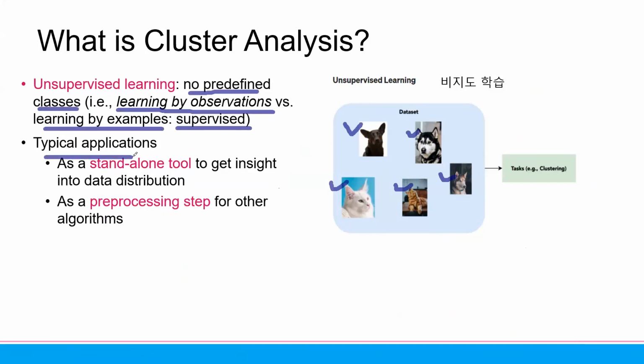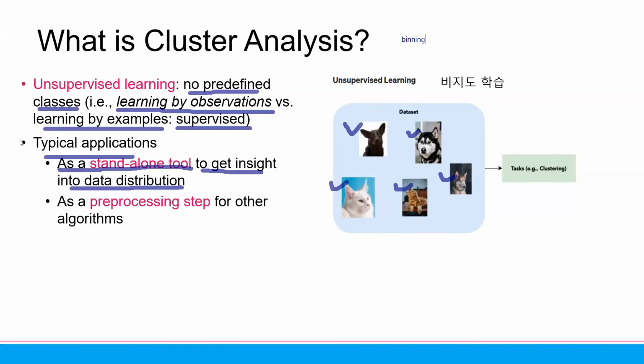The typical application is as a standalone tool to get insight into data distribution. If you use Orange, you can apply the data distribution, like using binning, to split the numerical data.